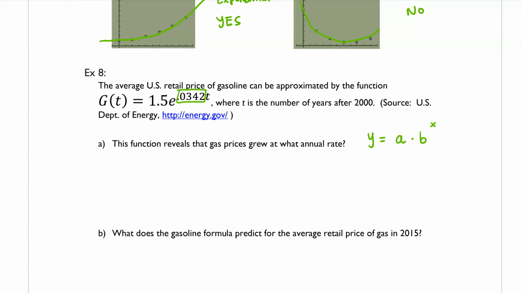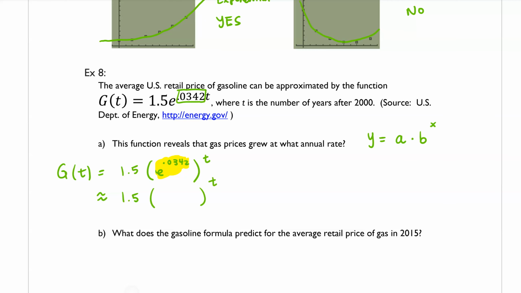So really, I could rewrite this as not y, but g of t equals 1.5 times e to the exponent 0.0342, and then on the outside of the parentheses, I could put the t there. So my goal is to simplify this thing here to figure out what my b value is. And so I could throw that into my calculator, and that would be 1.5 times something to the t power.